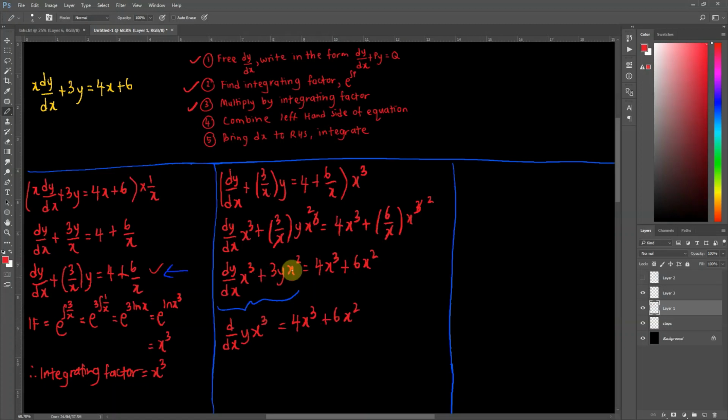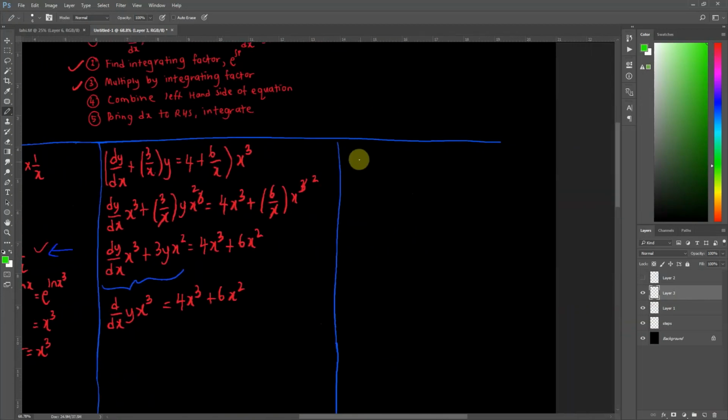Okay, so now I explain kenapa kita combine left hand side, kita dapat ni. So tadi I cakap kalau combine dia dapat ni kan. So buat dekat sini. So I salin ni d dx y x cube. Ni maksudnya apa? Maksudnya differentiate y x cube. So cuba I try differentiate y x cube berapa.